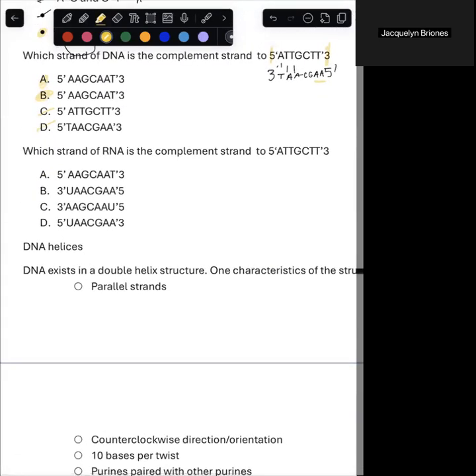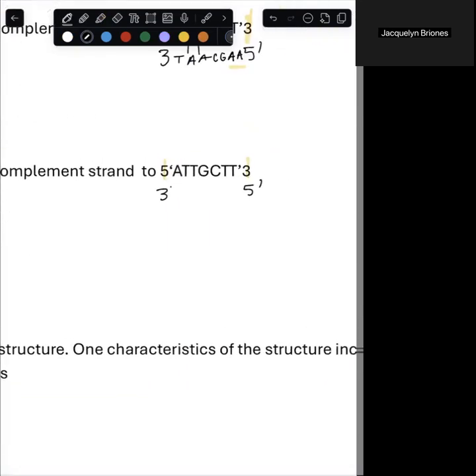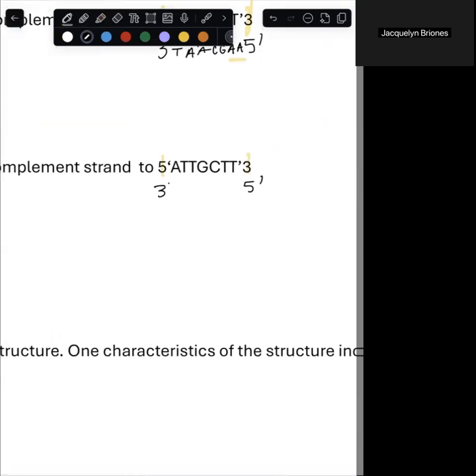Which strand of RNA is the complement strand to blank? So it's asking you for RNA. So you're gonna do the same thing. Watch your primes. And remember, this is RNA.